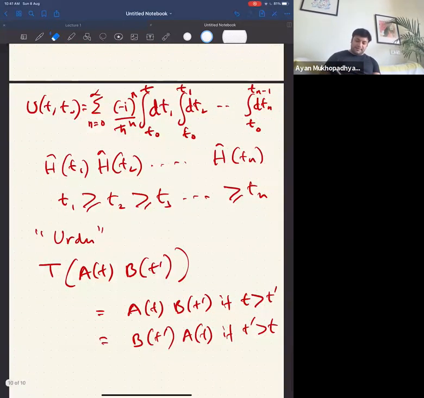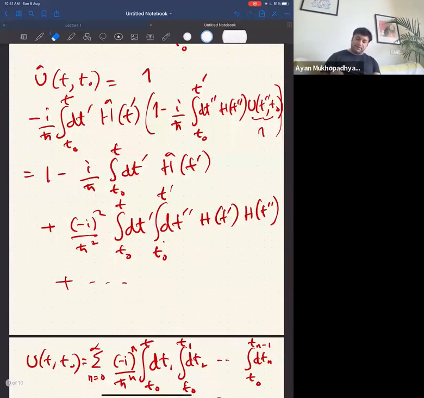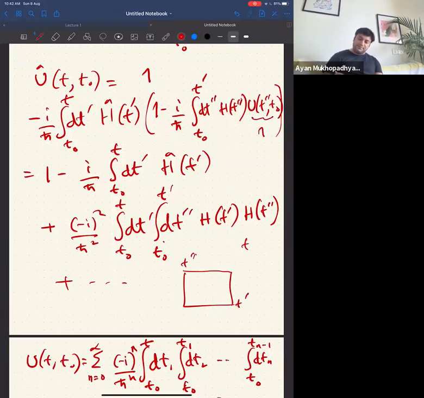The reason I cannot do the replacement is that if I take, for example, the second term here, which has t' and t'', suppose this is t' and this is t'', I'm integrating over them, but I can only integrate over t' greater than or equal to t''. So basically I'm integrating only over half of this range.